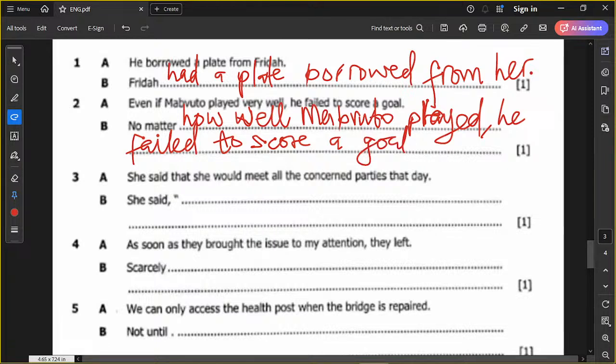Okay. Always remember to put a full stop after writing the sentence. It's very important.